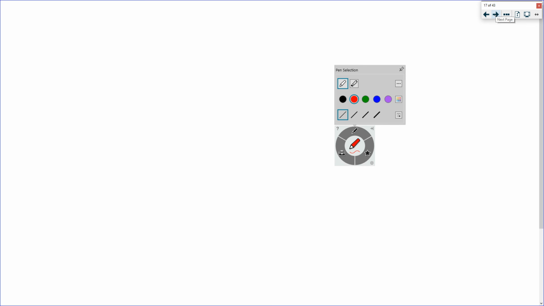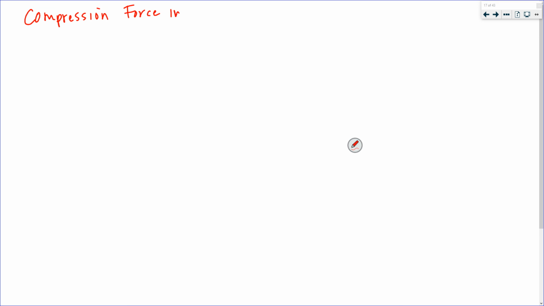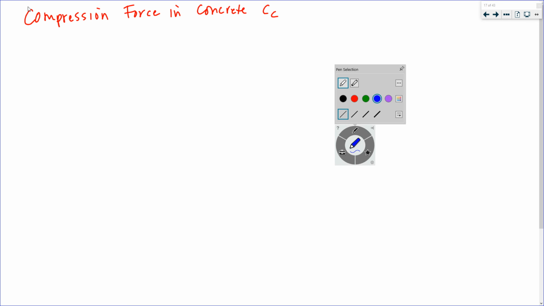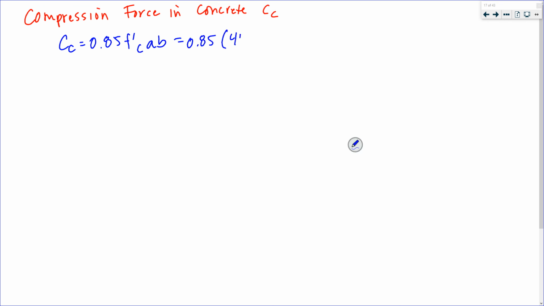So let's see. Our compression force in concrete, C sub C, 0.85 F prime C AB. 0.85, 4 KSI.